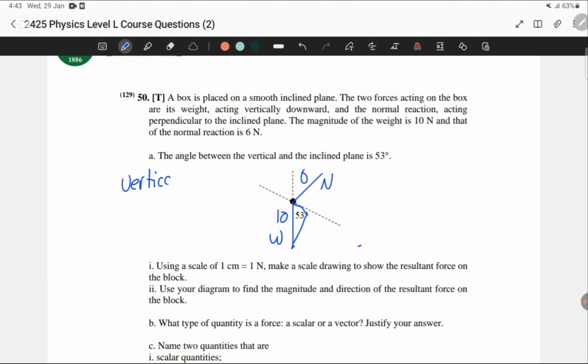Vertical equals 10 sine 53, which is the resultant force over here. It's going to be 7.98. If you round it to the nearest decimal, it's going to be 8.0. So the resultant here is 8.